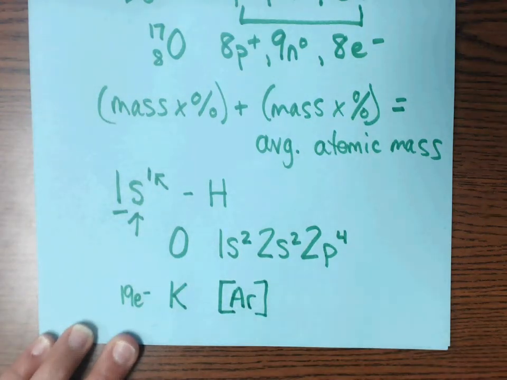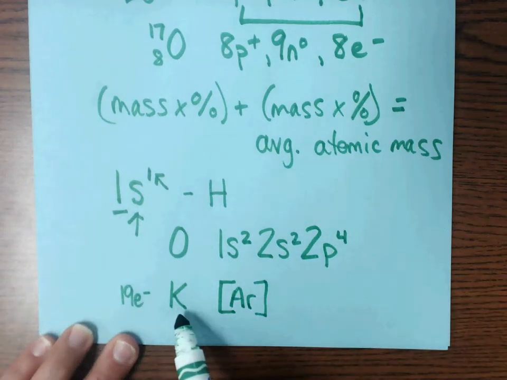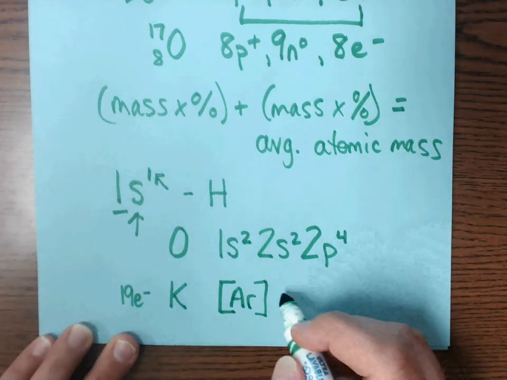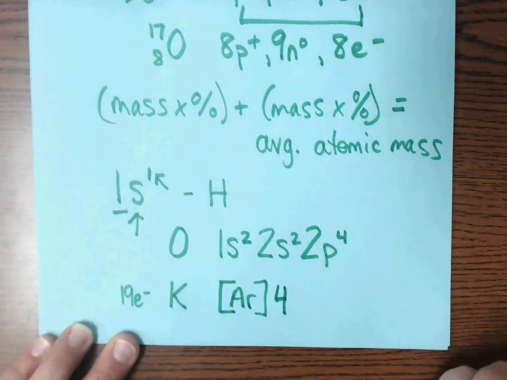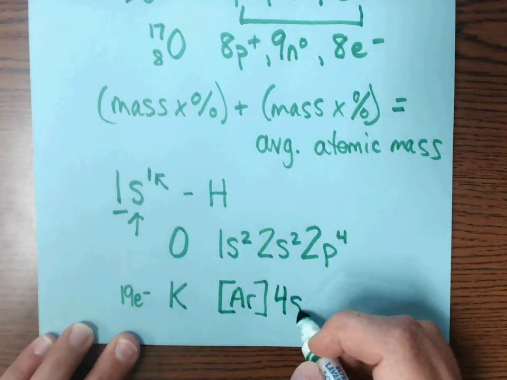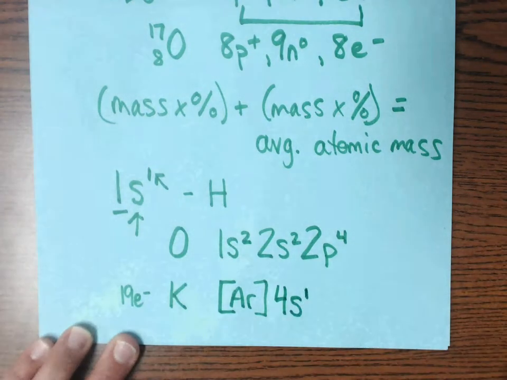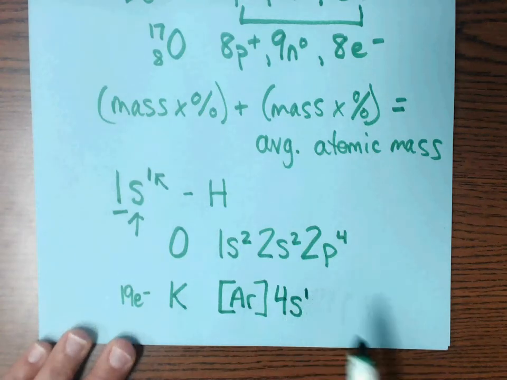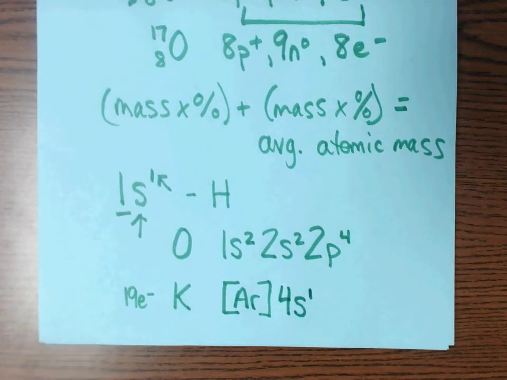Then the only thing else you need to do is finish this out. Potassium's in period 4, so we start in the 4 in the S block, so 4s1. So there's 18 electrons plus the 1, giving us the 19 for the potassium.